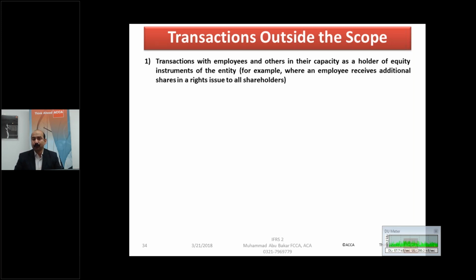He is not receiving those shares in his capacity as an employee in compensation for past, current, or future services. This standard will not be applicable to this type of transaction.